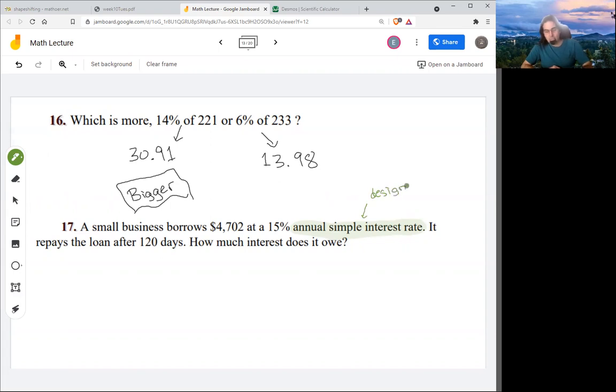So how these work is we do exactly what we've just been doing for several problems. And then we have to fiddle because it's not a 1 year time span. So we're going to start with a percent of the money.